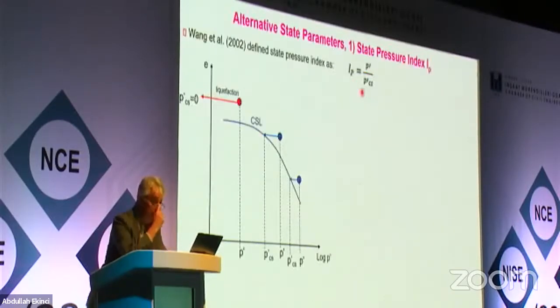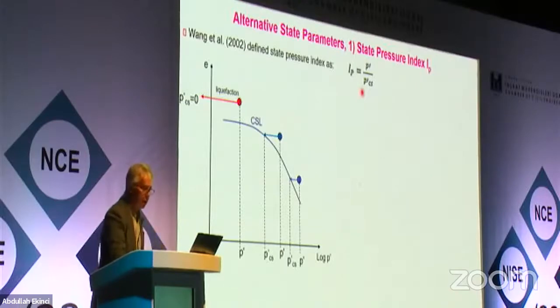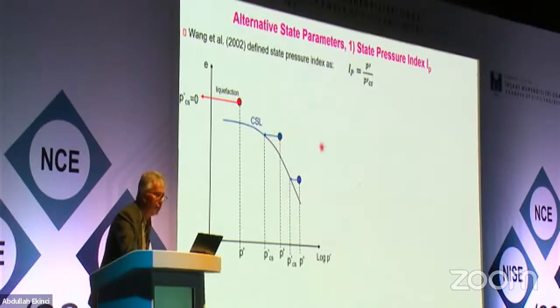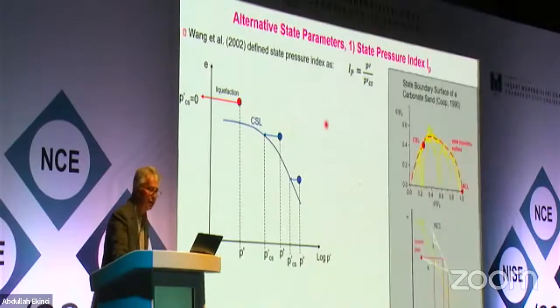So we can look at alternative state parameters. The first one we'll look at is a state pressure index. This is defined by Wang et al., 2002. For this one, you take the current p' and you divide by p' on the critical state. As Hans kindly noticed, this is exactly the sort of thing that I was doing in prehistory.